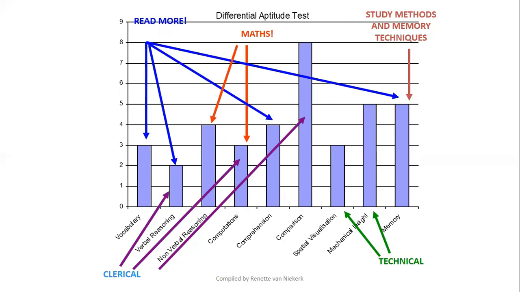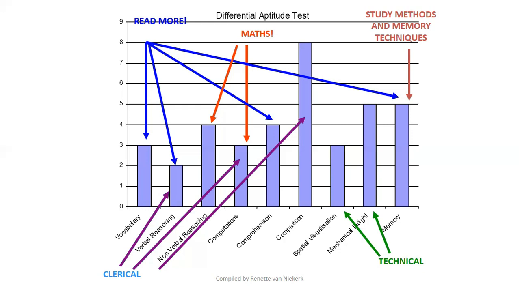Then I also look at a combination of your vocabulary, verbal reasoning, reading comprehension and memory results, because those who did well in those subtests are usually the girls who like language and like reading, whereas the ones who do poorly in those tests usually do not love reading and should read more in order to improve those marks.